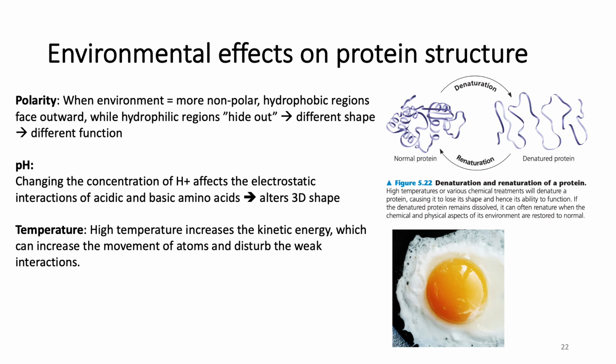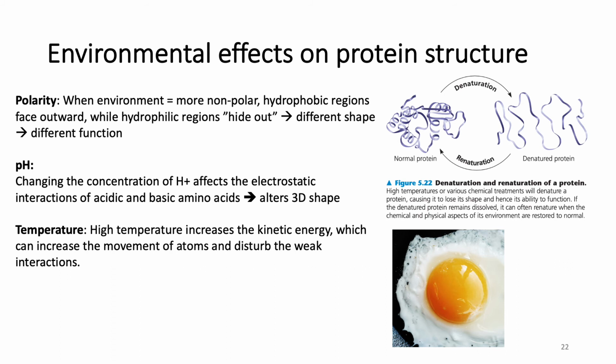Denaturation can also result from excessive heat, which makes the polypeptide chain become agitated, and they move enough that they overpower the weak interactions that stabilize their structure. This is because high temperature increases the movement, what we call kinetic energy, which can increase the movement of atoms and disturb the weak interactions.